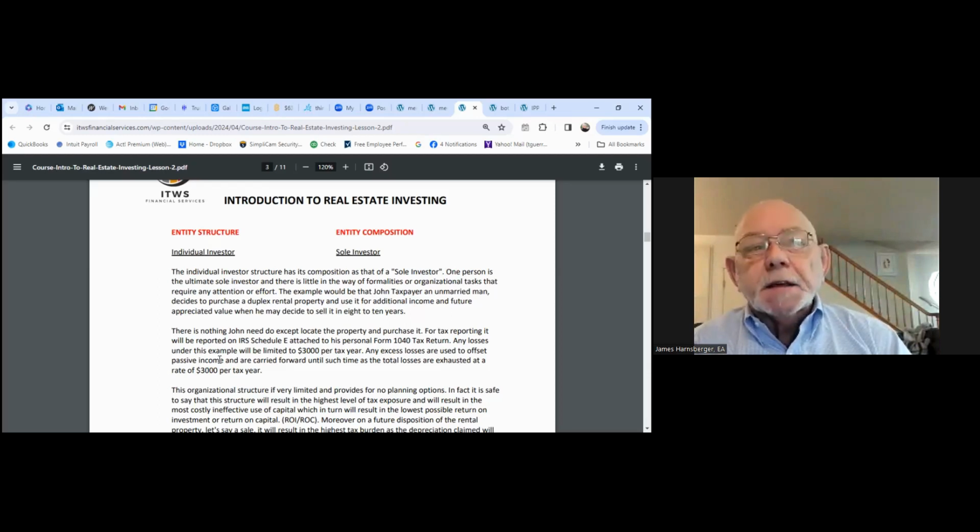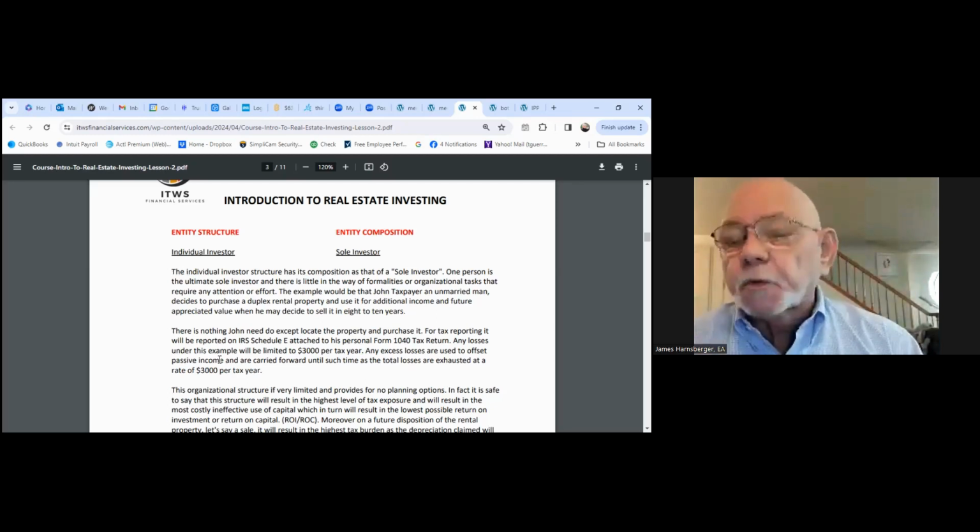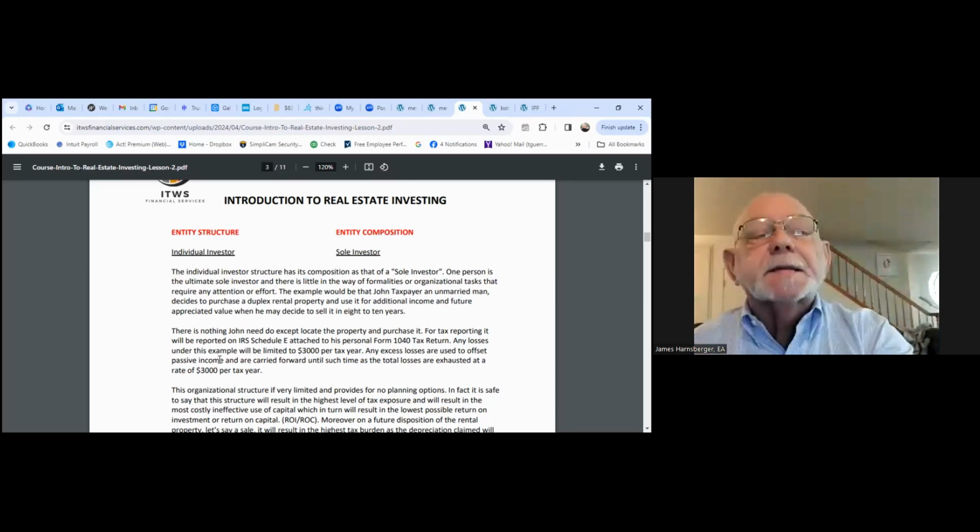It's going to by default be a passive activity. The losses are going to be limited, that you're allowed to deduct no more than $3,000 per year against other passive income. If you had $25,000 in losses because of depreciation and other factors, won't matter.